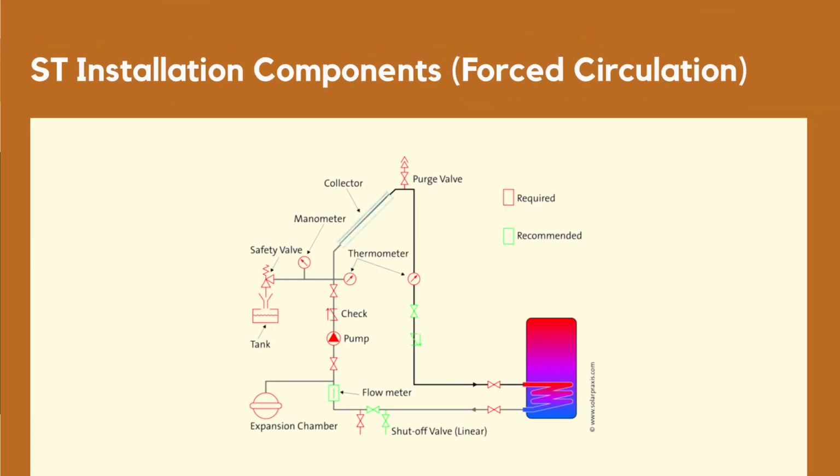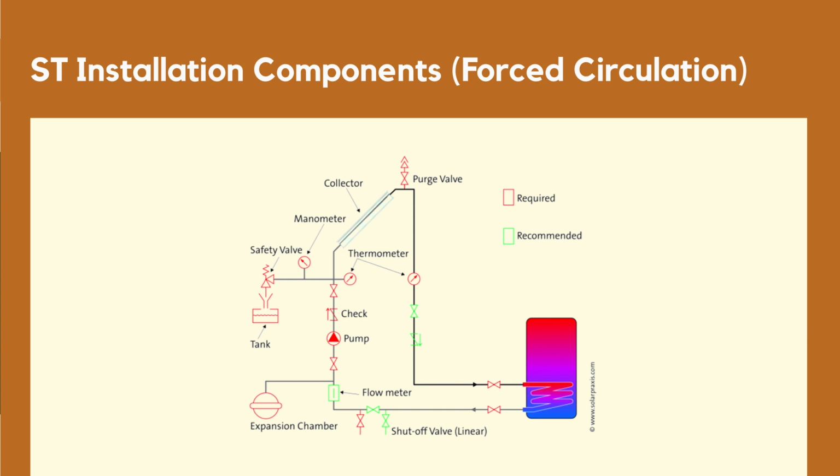Here is more detailed information about the forced circulation system with the different valves in the circuit. We have the collector, we have safety valves because of the pressure inside of the system. We have a pump circulating the fluid. We have a purge valve in order to be able to eliminate air in the system.